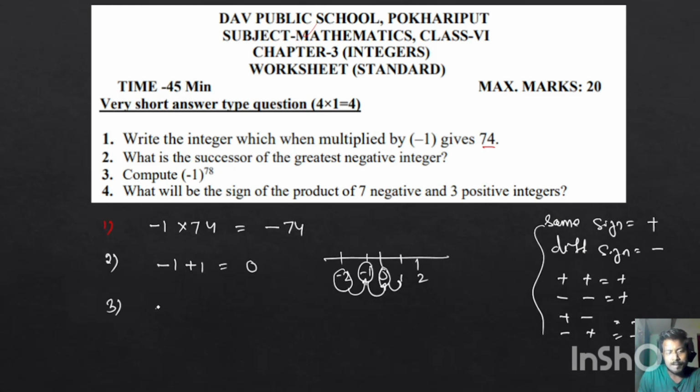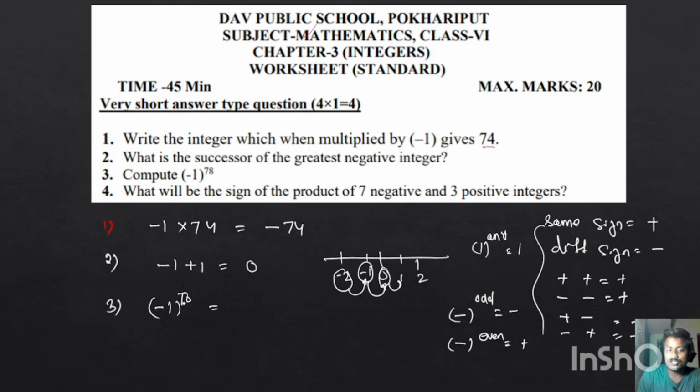Next, question number 3. Compute -1 to the power 78. It is very important. How to solve? You should remember that minus to the power odd is always minus, and minus to the power even is always plus, and 1 to the power any number is always 1.